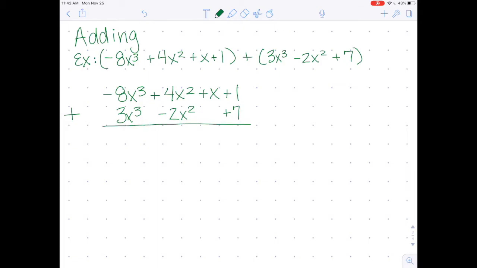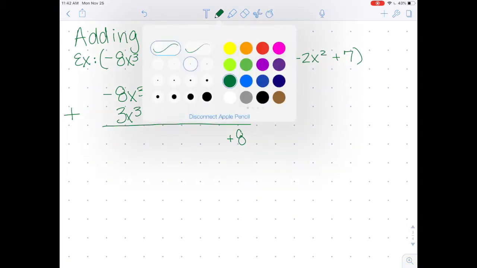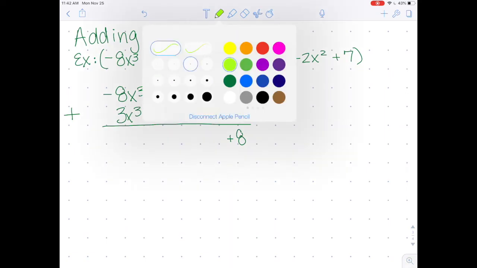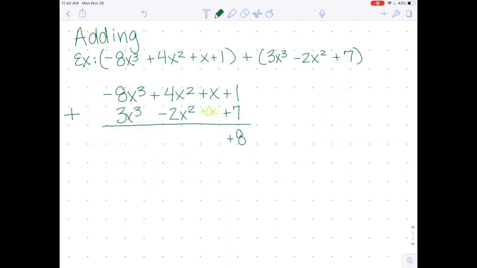So then it's just adding and subtracting as usual. So we've got 1 plus 7 is 8, and it's a positive. If you want, you could fill in a plus 0x here, which means x plus 0x would give me still a positive x. 4x squared plus negative 2x squared would give me a positive 2x squared.